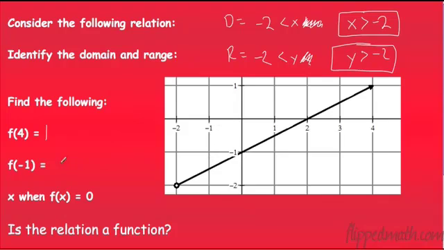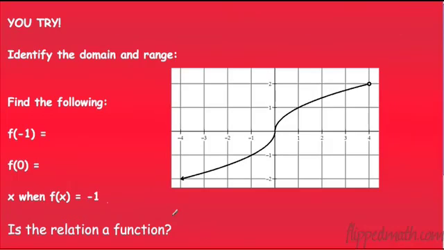Looks like it's about -1.5. Find x when y equals 0. Y equals 0 is right here, and it obviously crosses the graph at x is 2. Is it a function? Yes, it's definitely a function. It passes the vertical line test. All right, so pause the video and you try these right now.